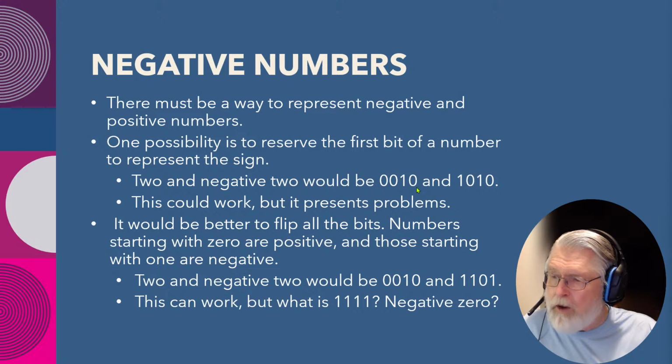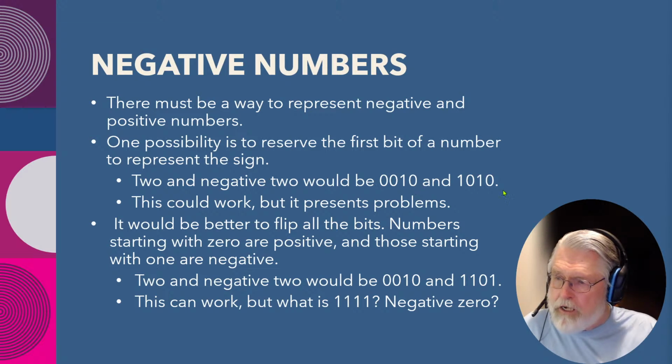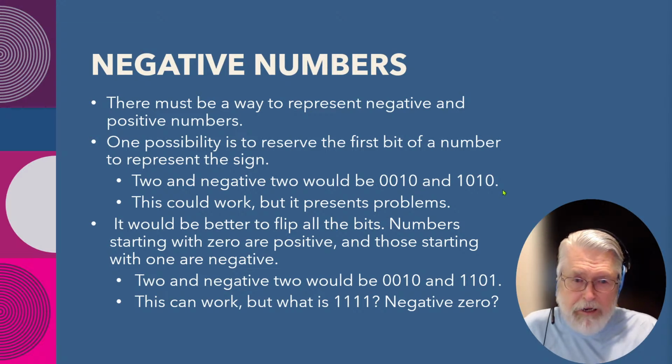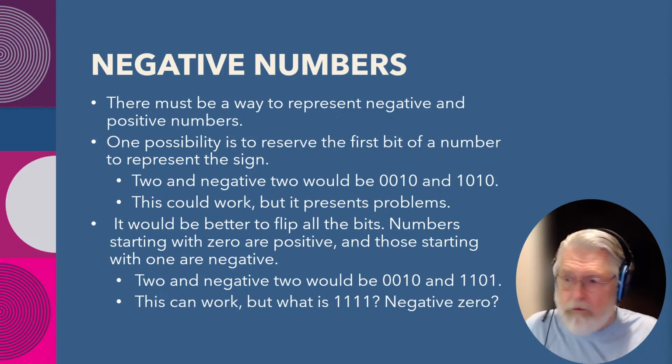That's 2 in the positive binary, and then in a negative binary, 1, 0, 1, 0. And that is similar to the way that we do it in decimal. In decimal, we just put a minus sign, or we put a sign out there to indicate negative, and then the same number out to the right for the absolute value that we would use for the positive number.